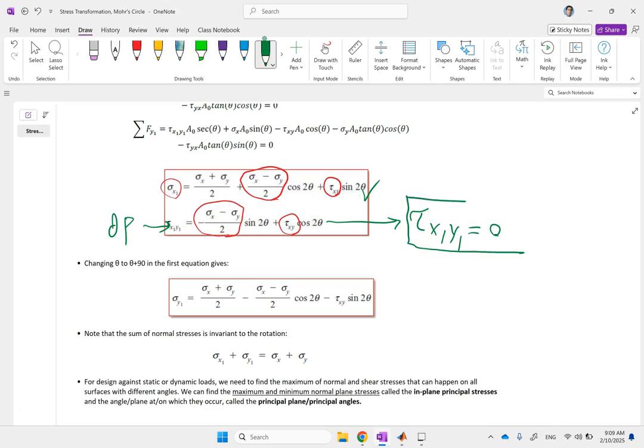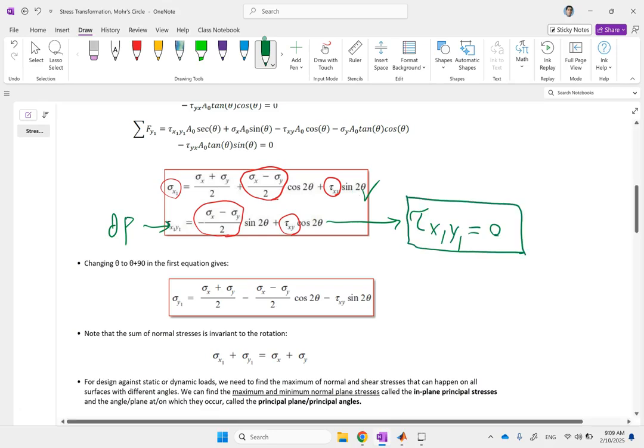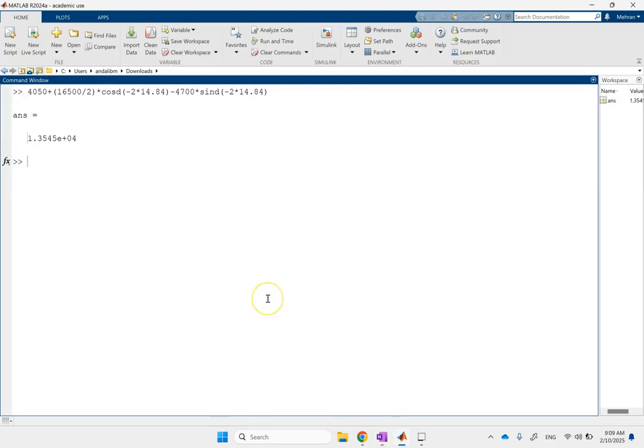We learned that on planes with principal normal stress, the shear is going to be 0, and let me show that to you. So all we need is to make sine 2 theta with a negative coefficient, cosine 2 theta positive, and there is no average. So I come back to here, there is no average.